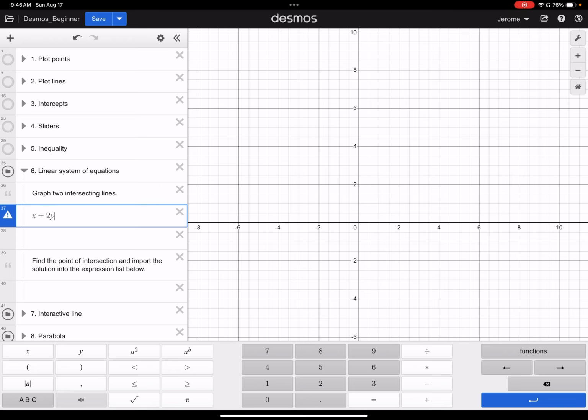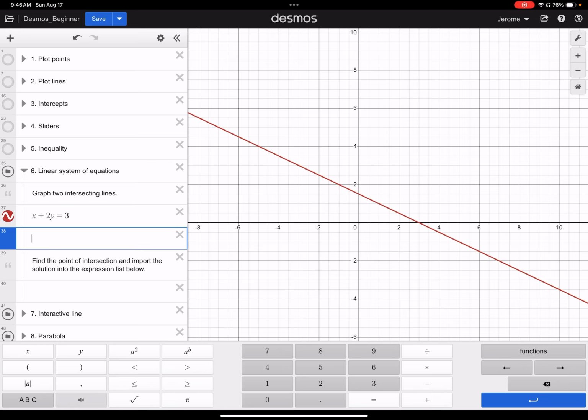And also to demonstrate that it really doesn't matter what form your equations are in. Desmos will be able to easily graph them and solve stuff for you effortlessly. Okay, and then let's say that I make this a 2x, minus 9y, and then maybe equals 13, something along those crazy lines.